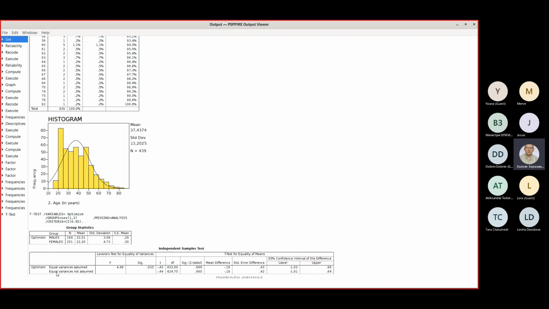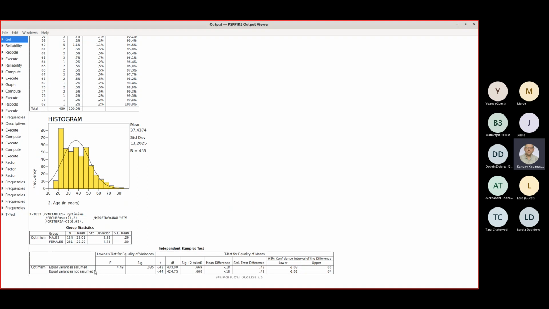In the second row, equal variances not assumed. But we don't know which is true. Maybe the two variances are equal, maybe they are not equal, but we don't know.